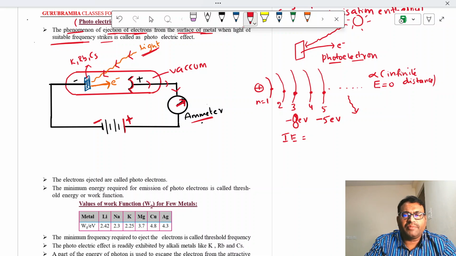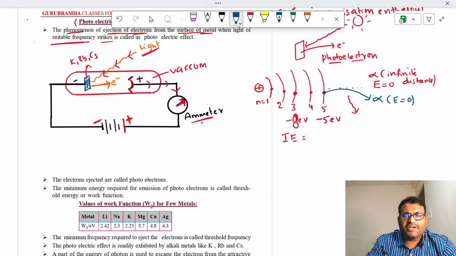That means you are making this electron, for example in the fifth orbit, move from the fifth orbit to a place where the nucleus does not show any effect on it. What is that place? That is called infinite distance, where the energy of the electron is equal to 0.